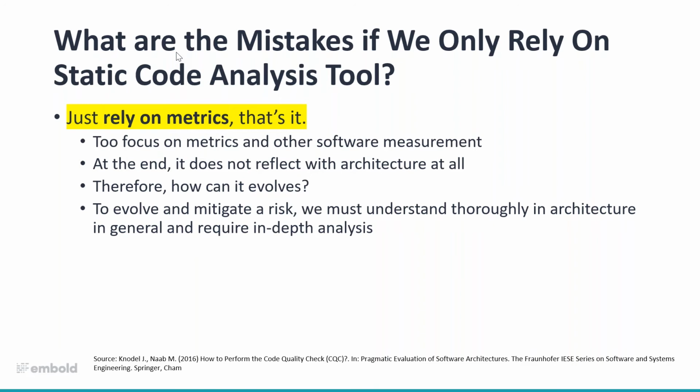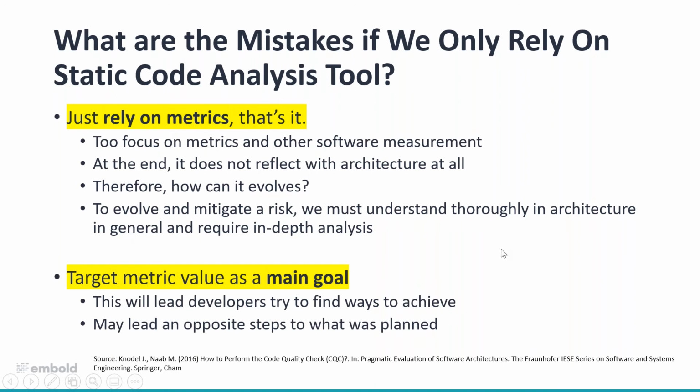And the next one, what are the mistakes that current developers make with static code analysis tools? They are really focused on the metric as a target goal. For example, we want to have a grade A for this application. Now we are at a B score, we want to go to A. So we do whatever we can without thinking in depth about what exactly we want in our vision, in our architecture.